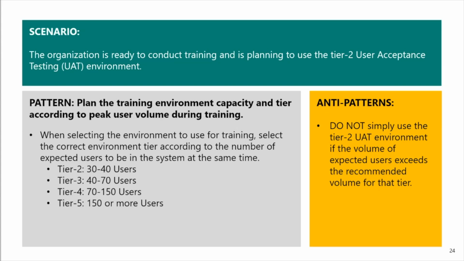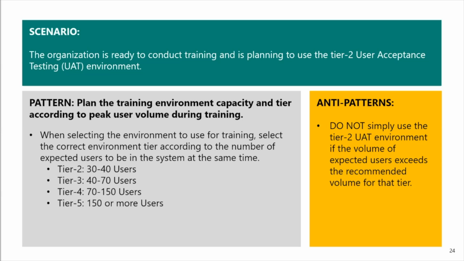So we've put out some guidance on the number of users and the volume of transactions that are suggested per tier. You'll also need to consider if UAT is still happening and we've got other testing going on in the UAT environment, is it really appropriate to have all of the users in the same training environment?